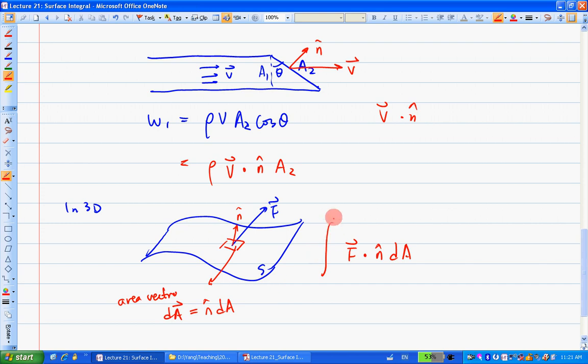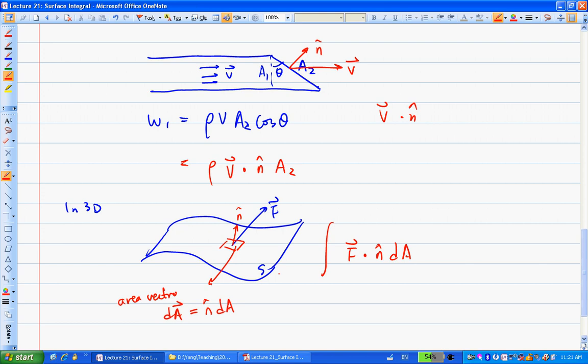Sometimes the notation is just one integral, just this. But in this particular case, you need to think of this: it's a surface. When I learned double integrals, where were we integrating? We were integrating over a region R, and that region R is part of the surface. So that's a double integral.